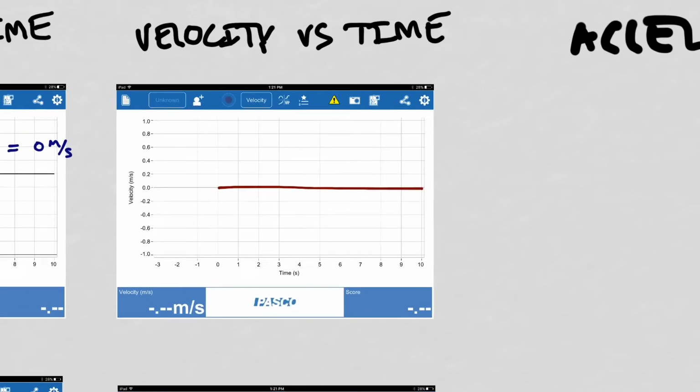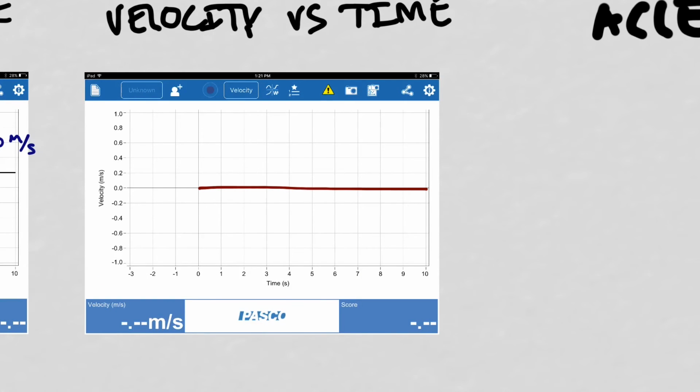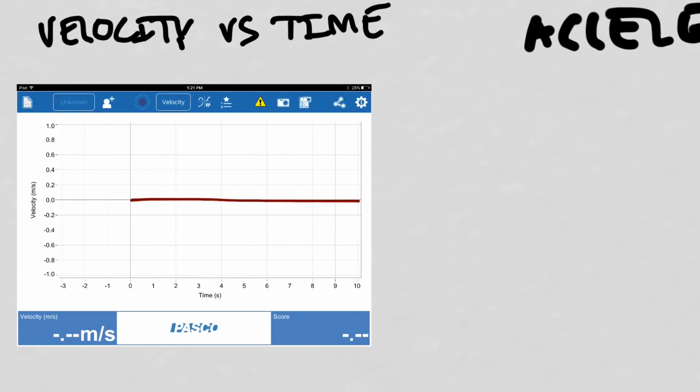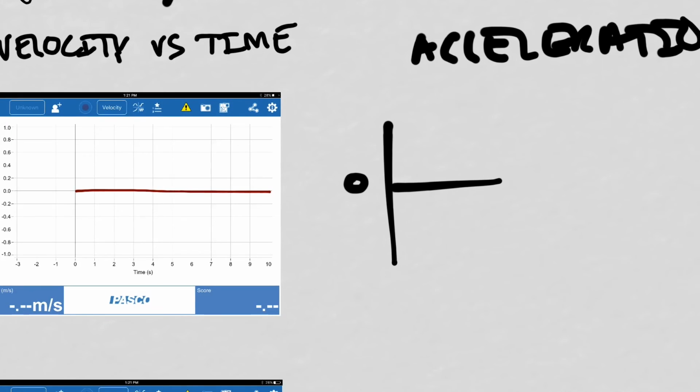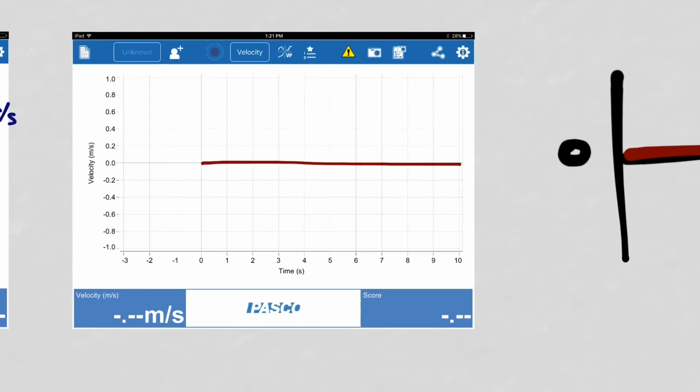So just really quickly here, this velocity versus time graph, what's the slope of this line? Well, the change in y is 0, and the change in x is 10. So the acceleration versus time graph here is also going to be a straight line at 0. There's no change in the acceleration. We're not changing our speed.